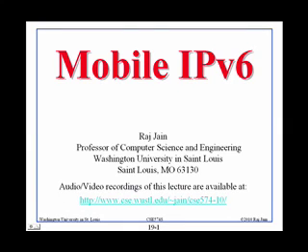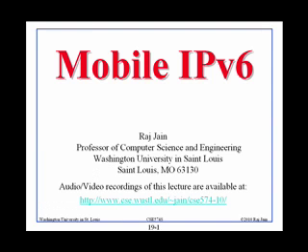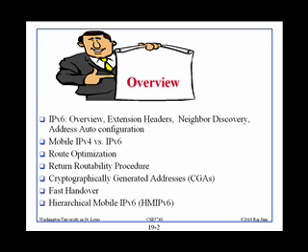Alright, so we are going to continue with mobile IPv6. Last time we did v4. So what is the difference from v6? Before that we will just go into what is v6.